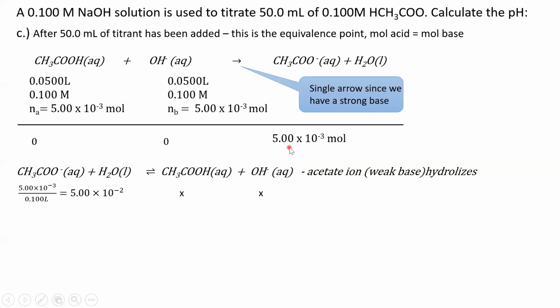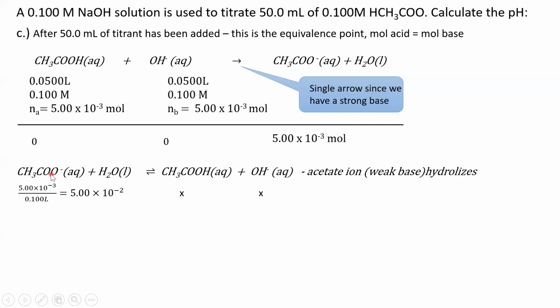Okay, we've got 5.00 times 10 to the minus 3 moles of acetate ion. We had 50 milliliters of acid mixed with 50 milliliters of base, so we have 100 milliliters or 0.100 liters. So the molarity of our base is 5.00 times 10 to the minus 2.